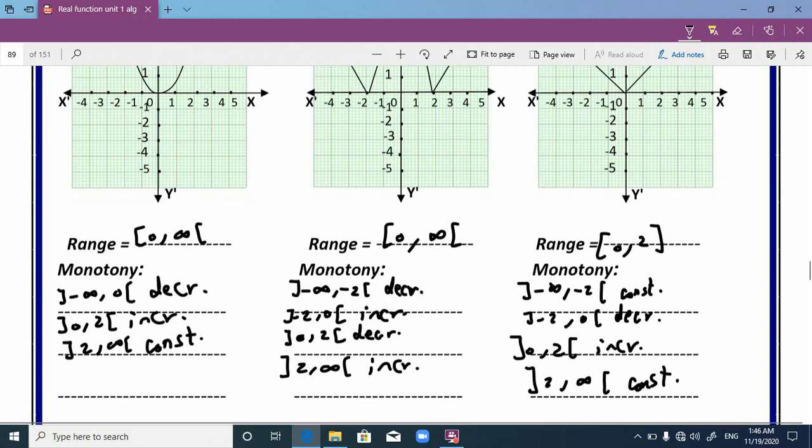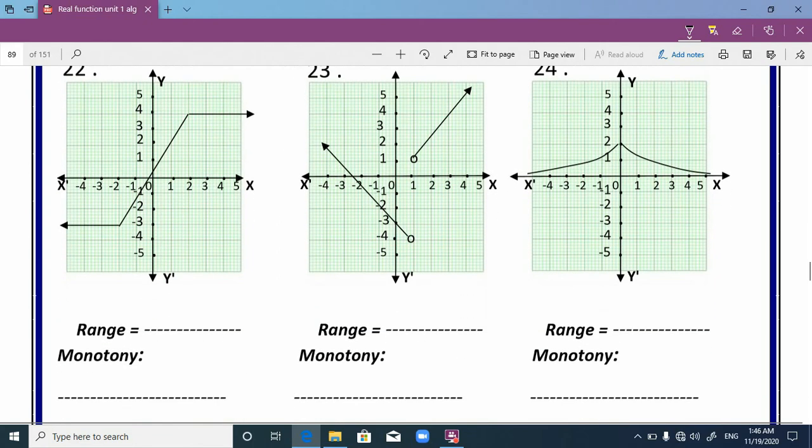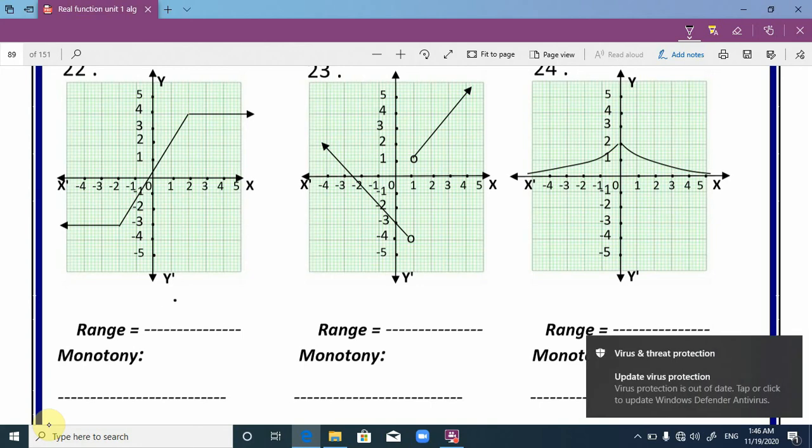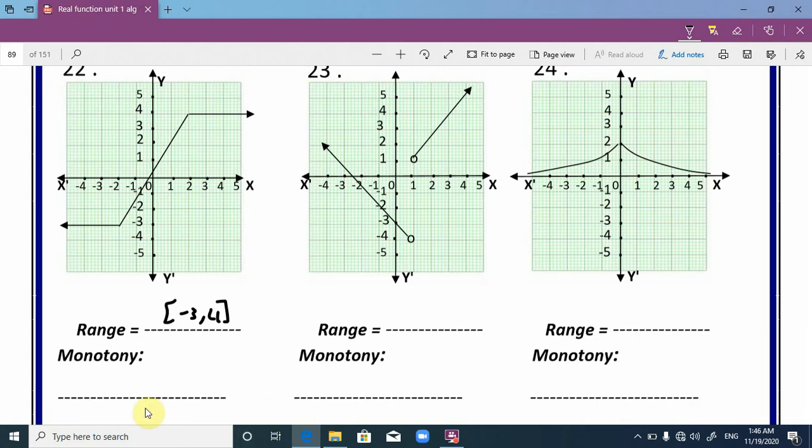Okay? Let's see number 22. The range here from the least value of y to the greatest value of y, from negative 3 to 4. And the monotony here from negative infinity to negative 1, the function here is constant.